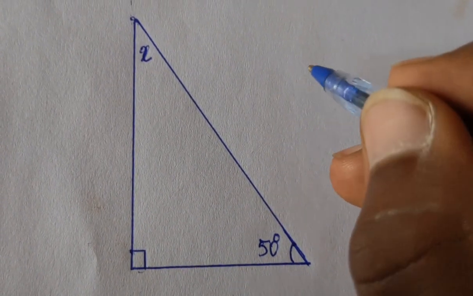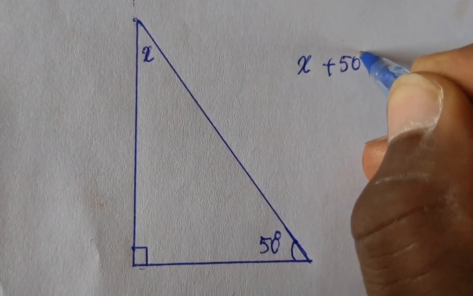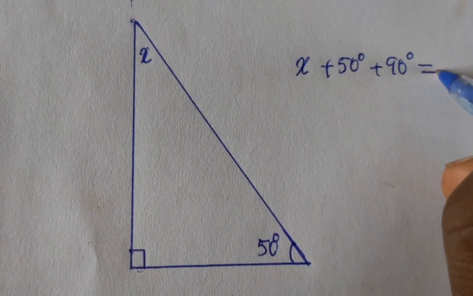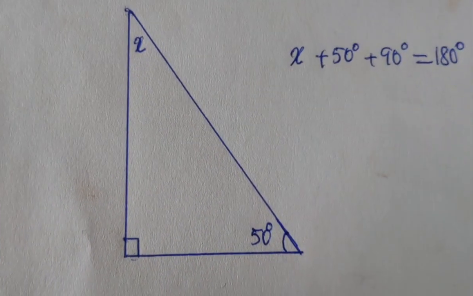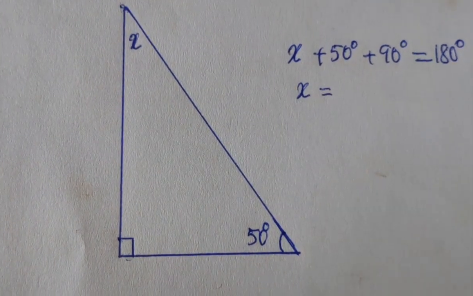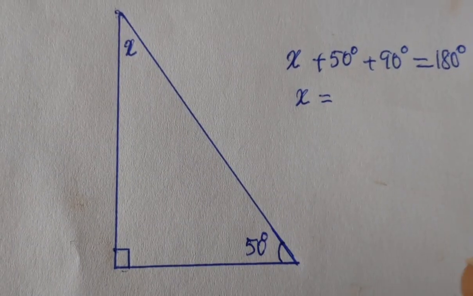So x plus 50 degrees plus 90 degrees must be equal to 180 degrees.